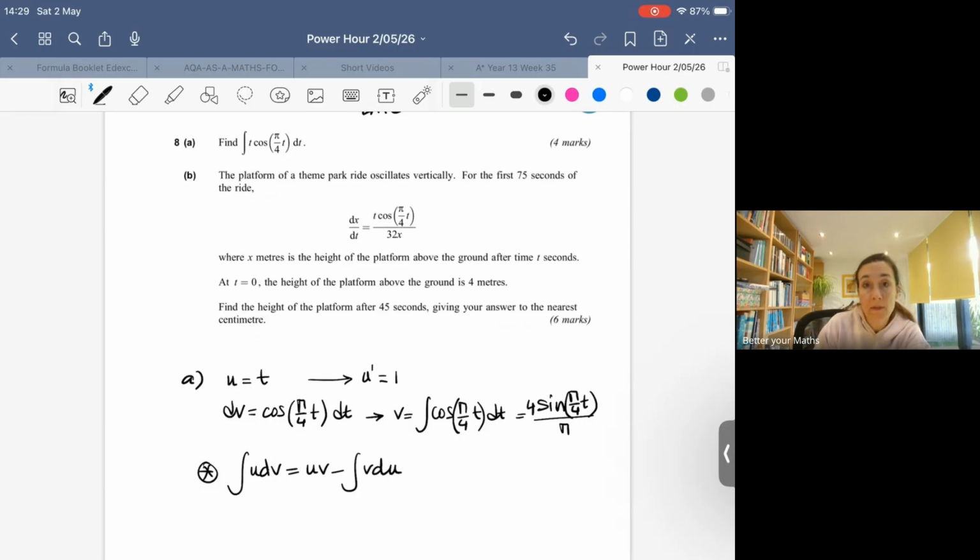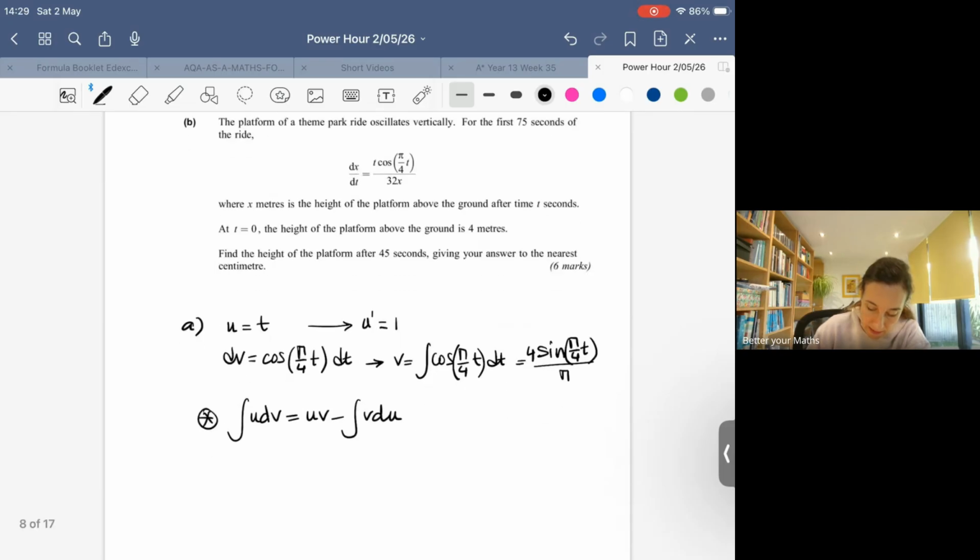So what I'm going to do now is substitute. So I have u is t, v is all that, so v is all this. So I'm going to write the 4 over pi here. I prefer it, so 4 over pi t sine pi quarters t, yeah, minus the integral of v du.